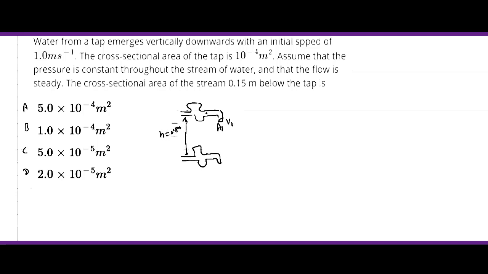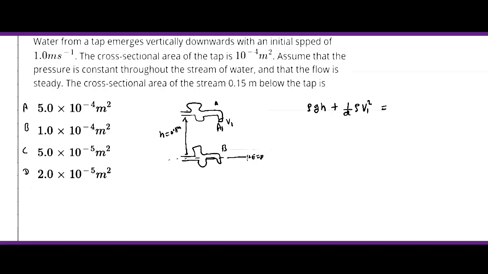So we know that energy will remain conserved. Total energy at this point should be equal to total energy at this point. If we take the reference from this point, point A has potential energy, that is density of the water times g times h, plus kinetic energy, half rho V1 square, which should be equal to, at point B, only kinetic energy, because we are taking the reference plane over here.